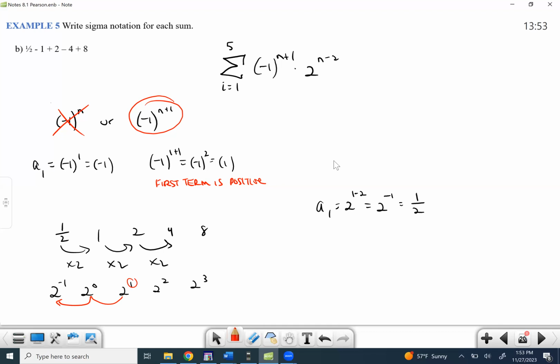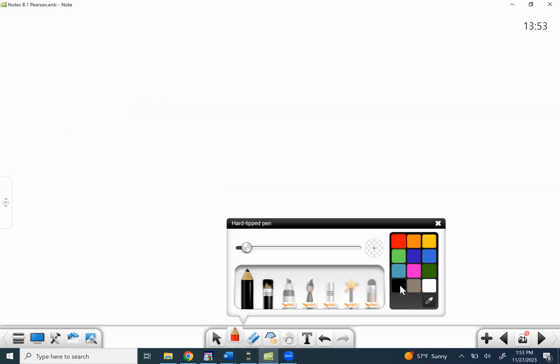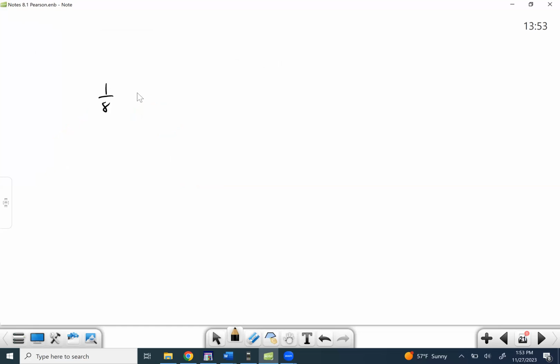Trying to think if there was another one that we could have done that too. I always make one up. Let me just put another sequence here and see what you guys think really quickly, just to make sure you know what I'm saying. Okay, so let's say it was like 1, 8, 4, 1, 2, 4. Okay, we're still multiplying by 2. This is 2 to the -3, 2 to the -2, 2 to the -1, 2 to the 0, 2 to the first, 2 squared, and 2 cubed.